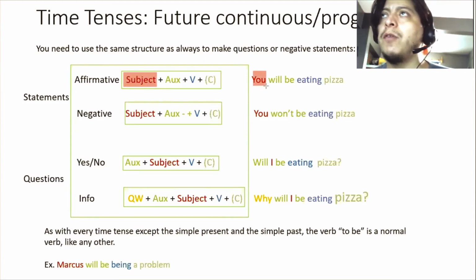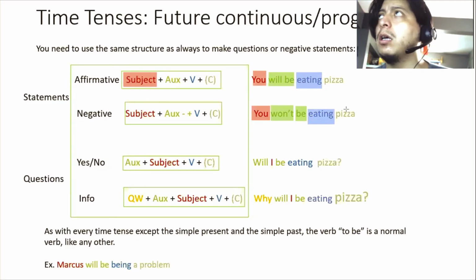Affirmative statements start with the subject. Negative statements start with the subject. Auxiliary will be, auxiliary won't be. Remember that when the auxiliary is two parts, only the first part takes the negative. Then we have a verb, always with ing, eating, eating.